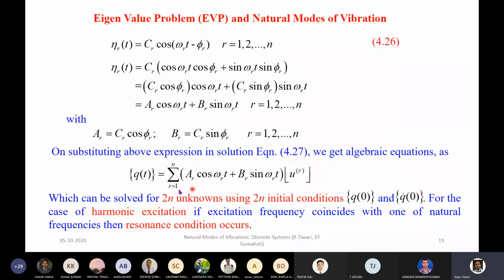So most of the response will resemble that particular mode. So it depends upon how we are giving the initial condition. And if we have forcing with some excitation frequency that coincides with one of the natural frequencies, obviously the resonance condition will occur. And here we can have n number of such resonances, because we have n number of natural frequencies.